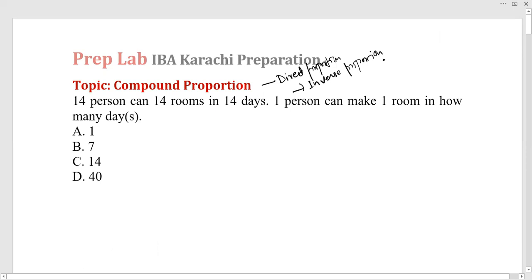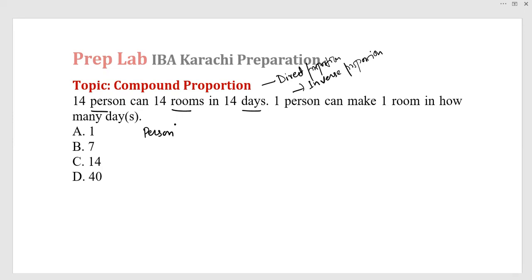For example, here the question is 14 persons can make 14 rooms in 14 days. One person can make one room in how many days, right? So we have three data over there: one is person, one is room, and one is day. I'm just saying that this is person, and this is room, which I will call work, because that is something being done.